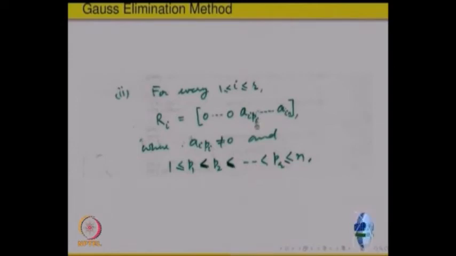So, that means in the p_ith column of the ith row the first non-zero entry appears. We do not bother about what the remaining entries are, only that the first non-zero entry in the non-zero row should come at the p_ith column.